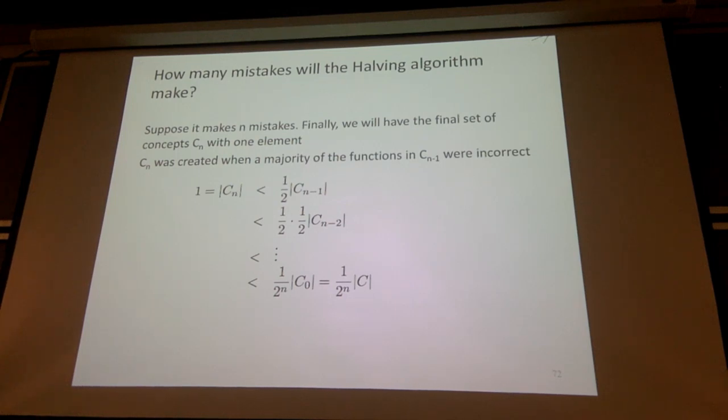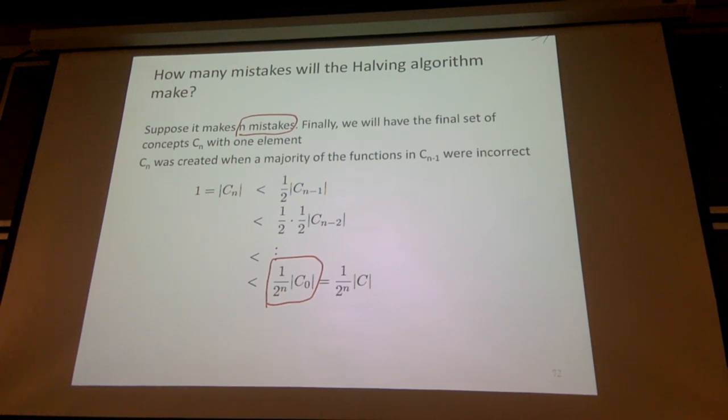There are only n steps here because there are only n mistakes, and we make updates only on mistakes. At every mistake, we throw away at least half the set of functions we have. Going back all the way to C0, the size of Cn is less than the size of C0 divided by 2 power n.